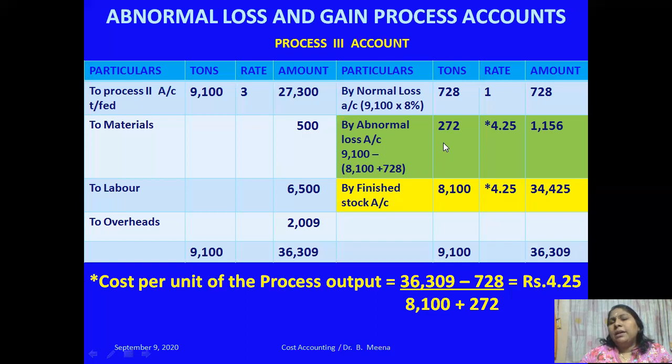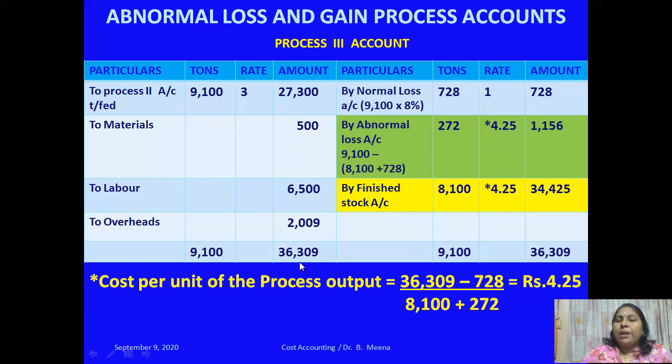I am getting one more loss. That loss is called as abnormal loss. So the abnormal loss is coming as 272. So 272, I need to calculate the rate for abnormal loss as well as for the output. And as usual way, we can calculate. Once I came to know we have only abnormal loss, definitely we can close the debit side. Okay, so close the debit side.